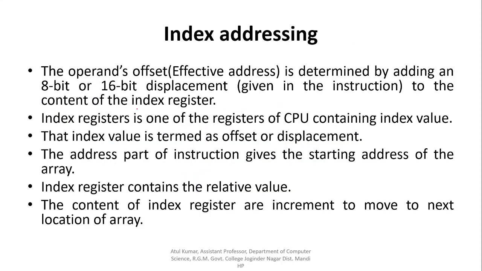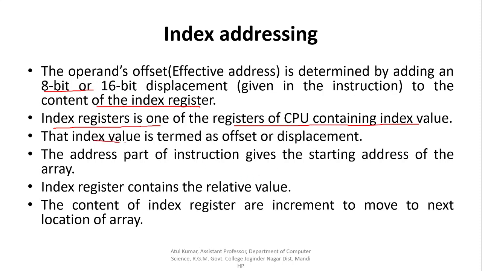The next addressing mode we have is index addressing. In case of index addressing, there is also a displacement as in relative addressing, and the displacement here is either 8-bit or 16-bit, which is added to the content of the index register. The index register is one of the registers of the CPU and contains the index value.